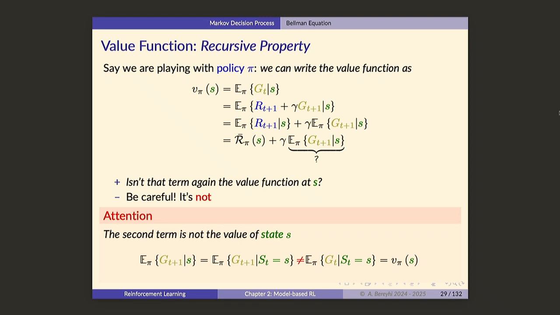Now, if I had S_{t+1} here instead of S_t, then it would be okay. This would be the value function at state S, because I am giving the state at that particular time and talking about the future return.